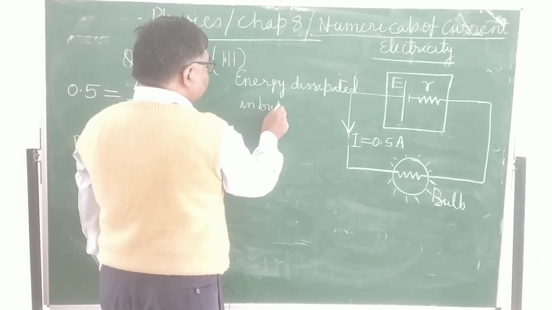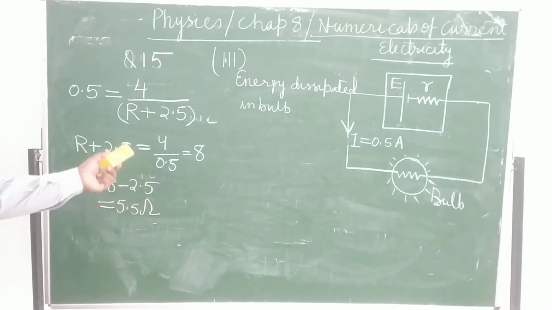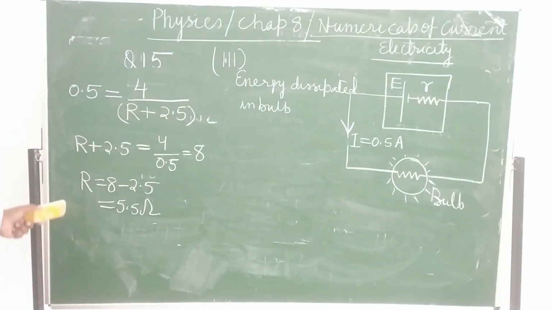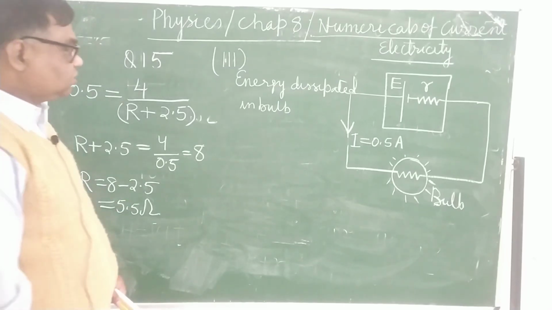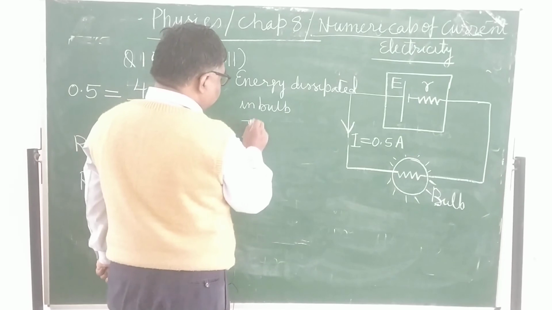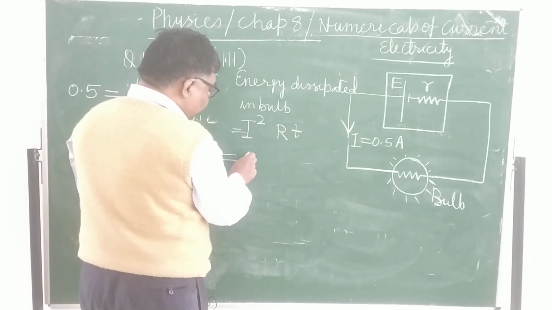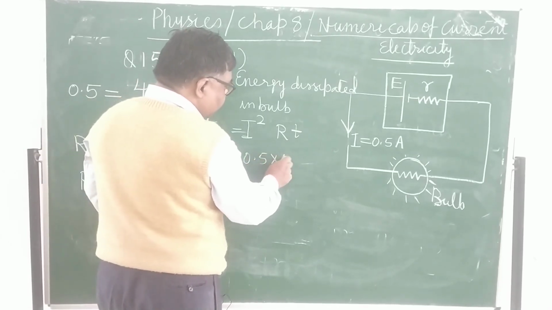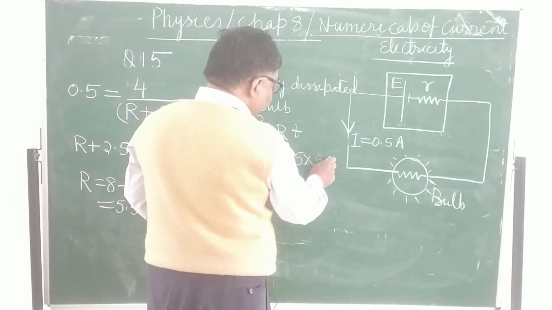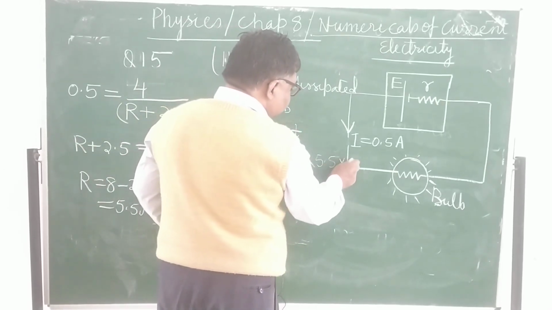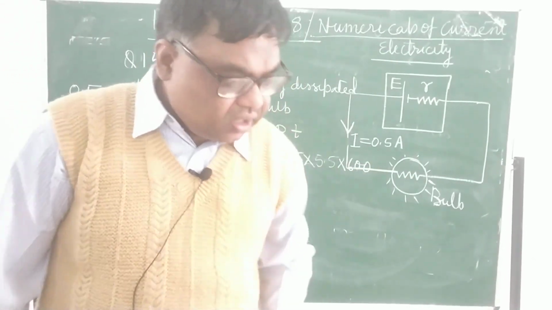By which formula can you find this? I square RT, because everything is known. I is 0.5 ampere, R is 5.5 ohm, time is 600 seconds. I square RT, so it is 0.5 into 0.5 into 5.5 into 600. You can do the calculation; it will come out 825 joule.